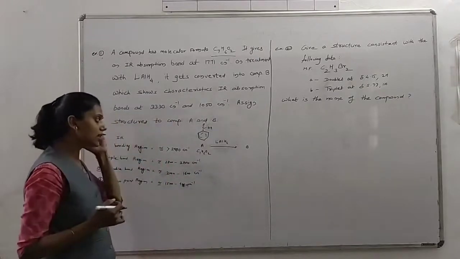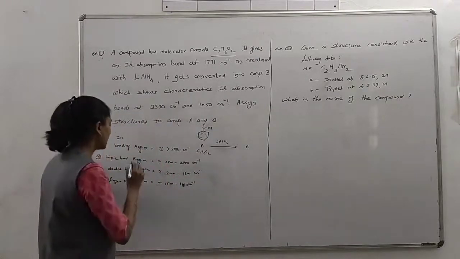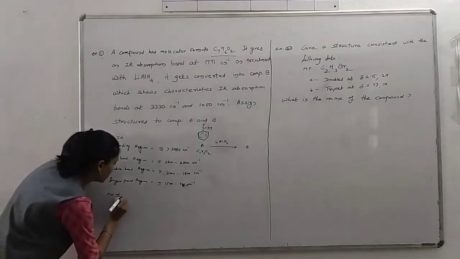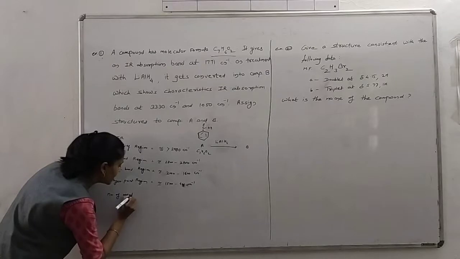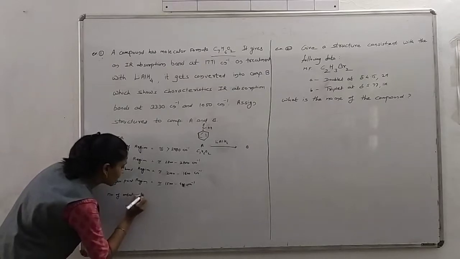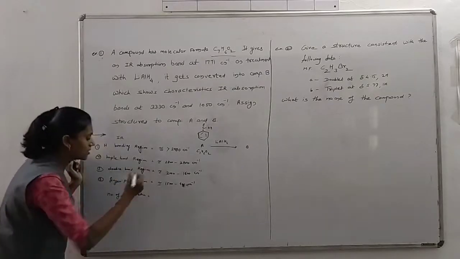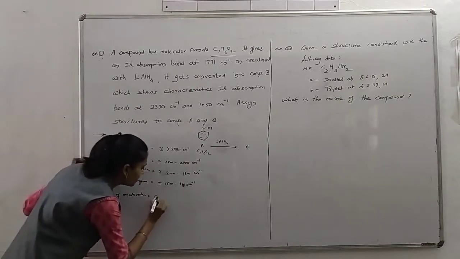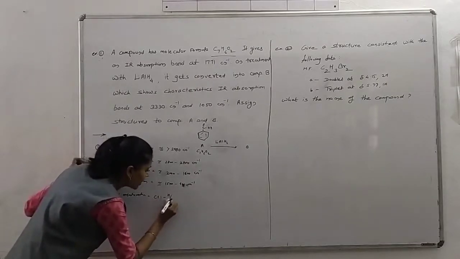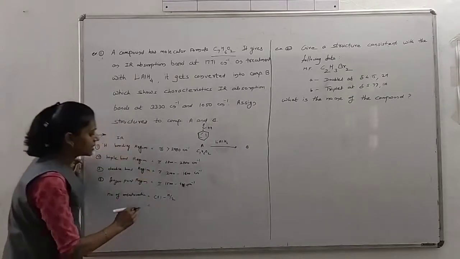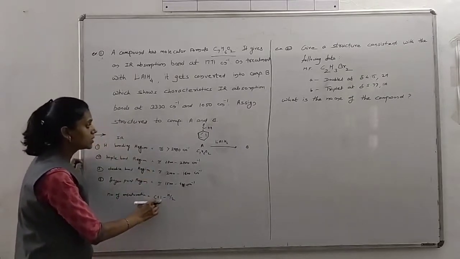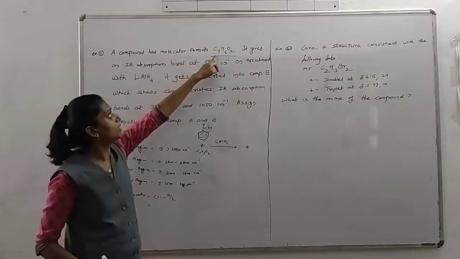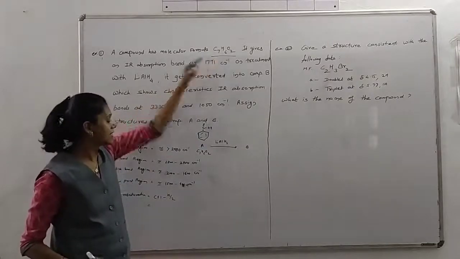Another method is the number of unsaturation, which helps to detect the structure. Its formula is C + 1 minus H/2. How many carbon atoms are present here? 7.